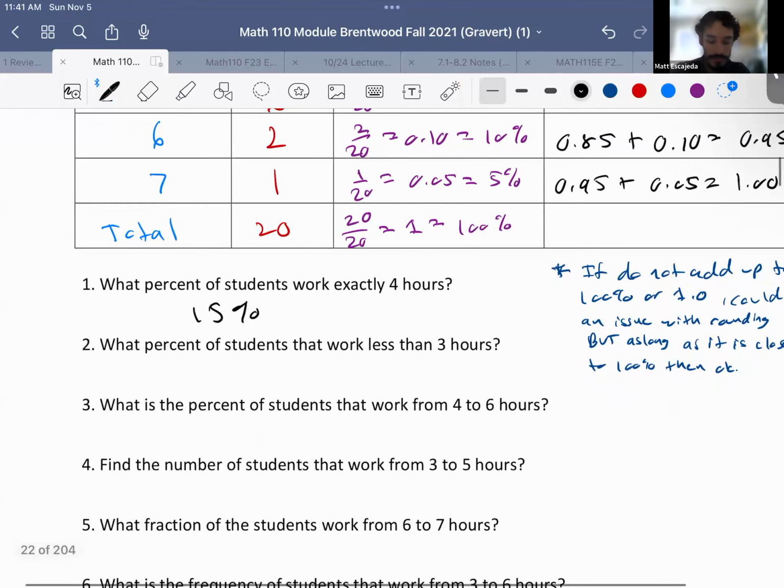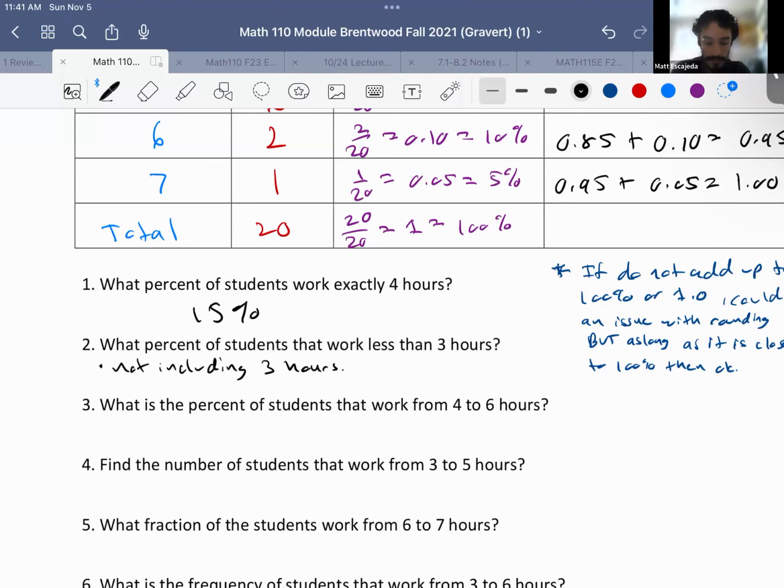Okay, so now question two is, what percent of students work less than 3 hours? So less than 3 hours, you're not including 3 hours.